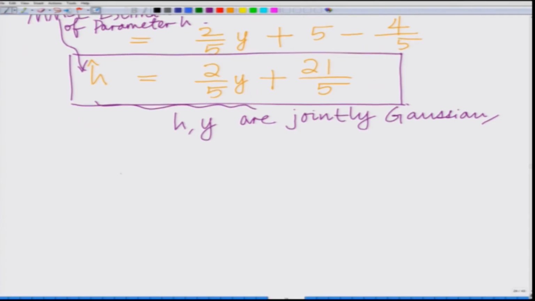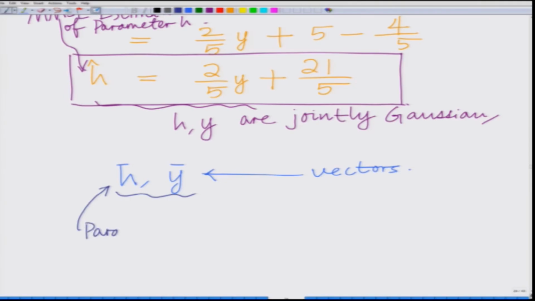That will comprehensively cover the scenario, and it is also very simple. It is a straightforward extension. This is your parameter vector h bar, and this is your observation vector y bar.